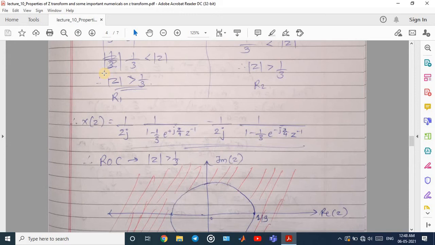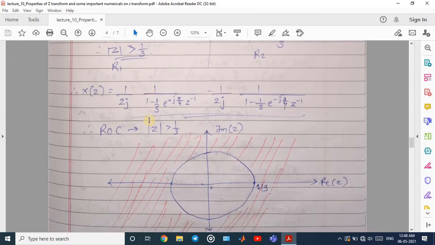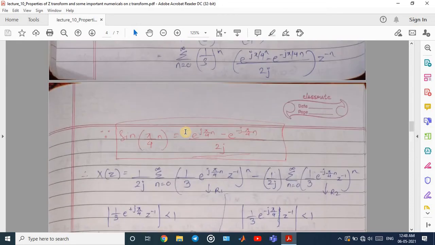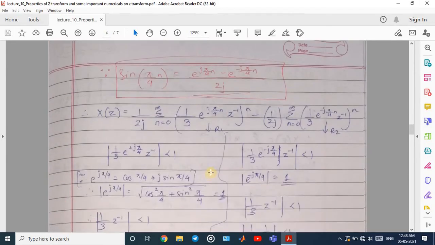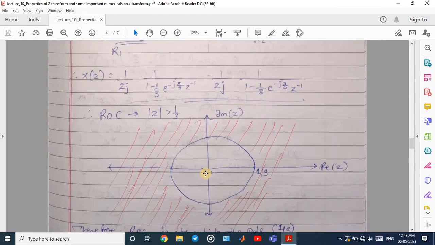the sequence is common, so we need to take only one ROC, which is mod of z greater than 1 upon 3. So this is a, as I said before solving the problem, a right-handed sequence. So the ROC will be outside in the z plane.